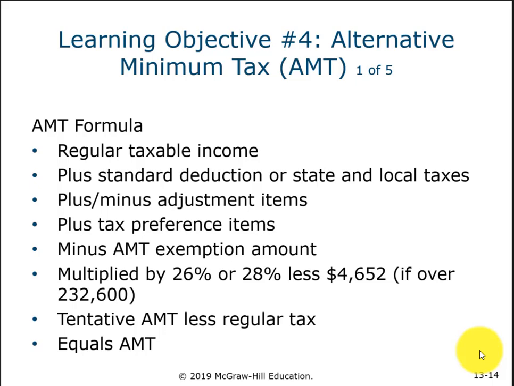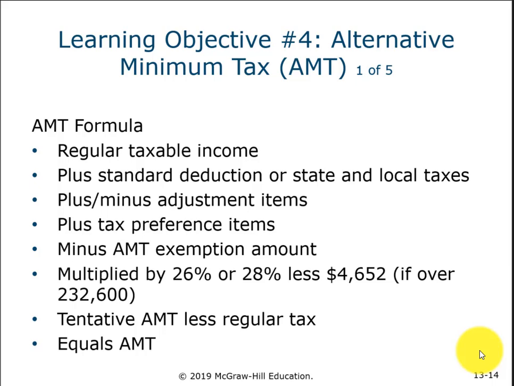It would only come into play in a very small number of cases. So it's gone from millions of taxpayers to just a few that are affected by this alternative minimum tax calculation. But we have to put it in here just in case you come across it. You'll recognize it and know what we're talking about.